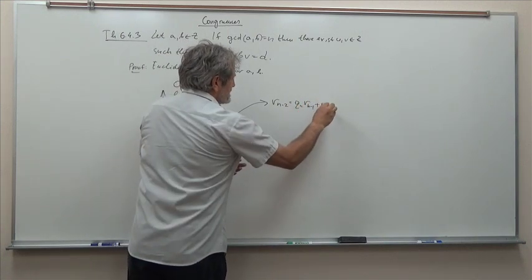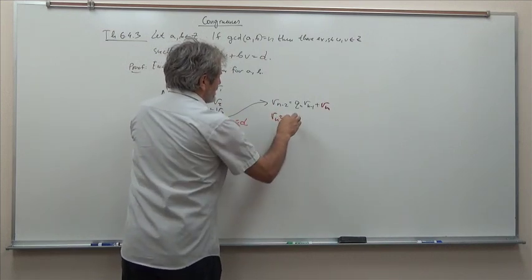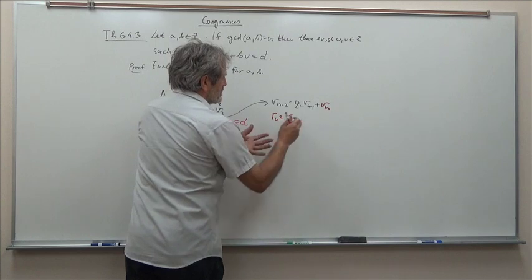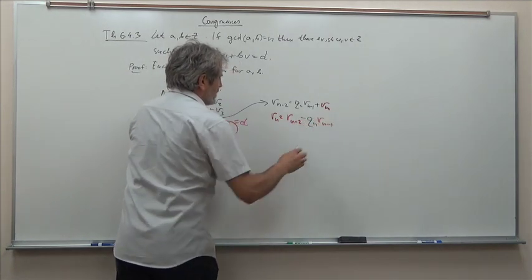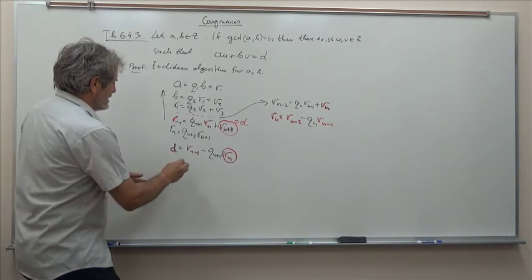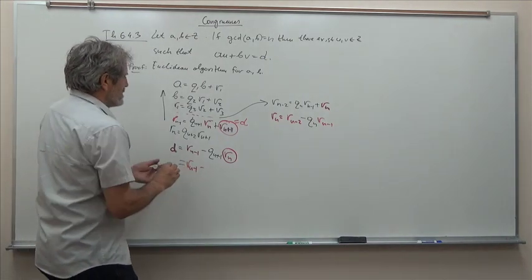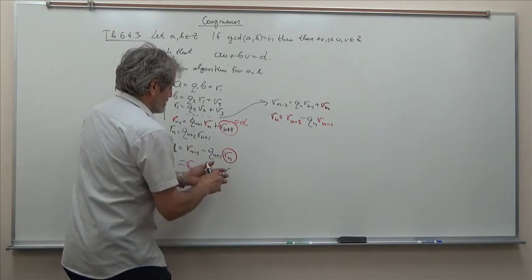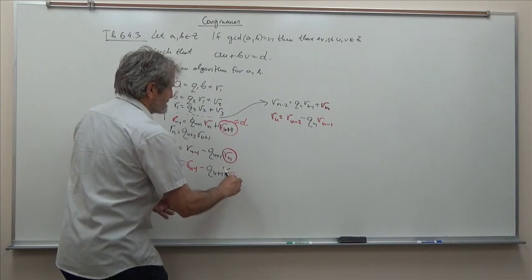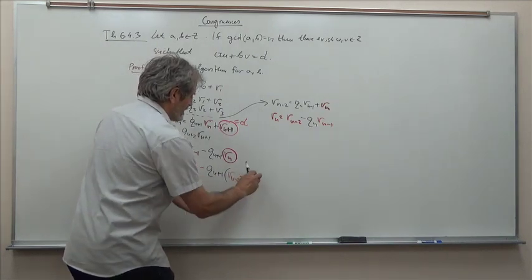So here you trade Rn as Rn equals Rn-2 minus Qn Rn-1. When I traded that, what do I get? Rn-1 minus Qn+1 times Rn-2 minus Qn Rn-1.